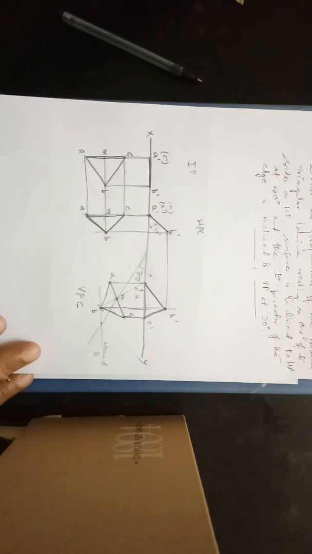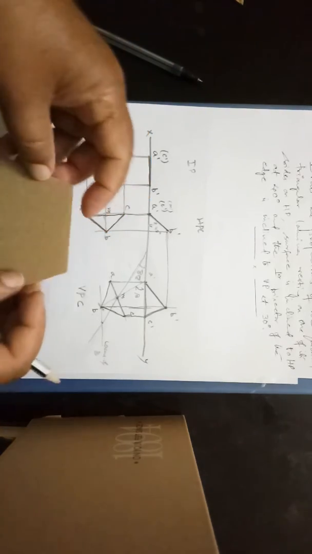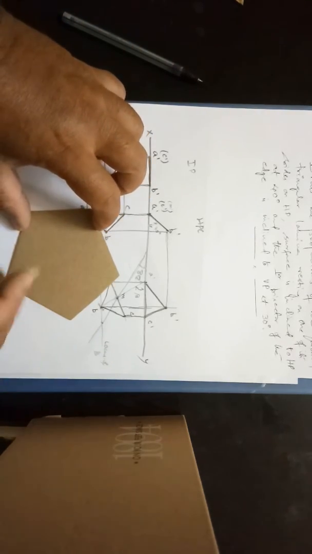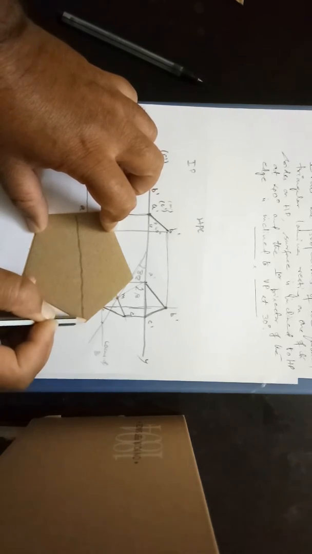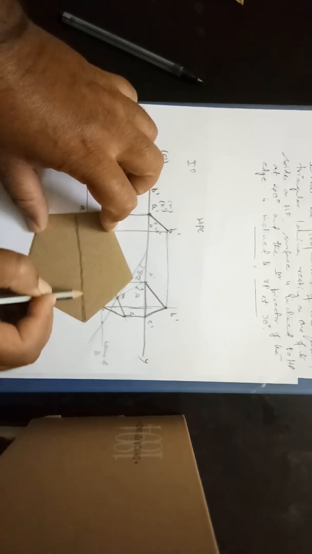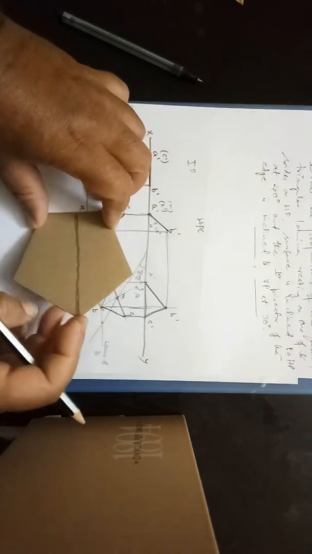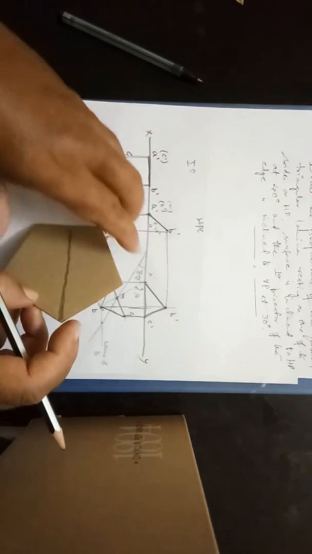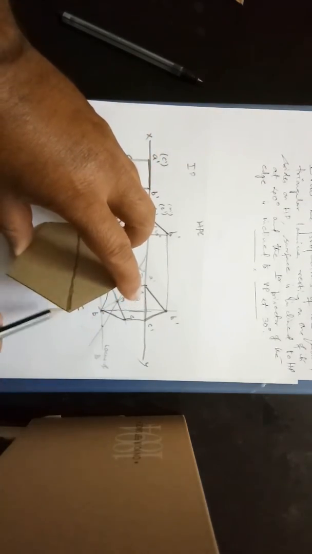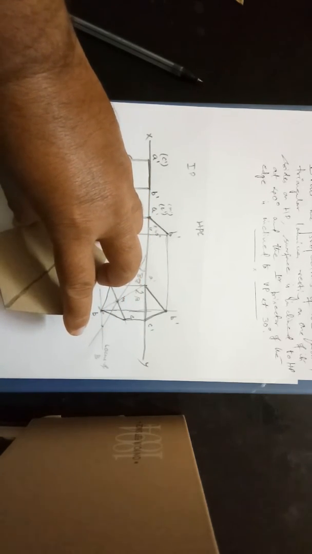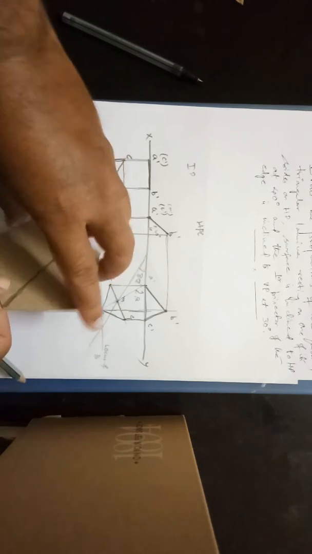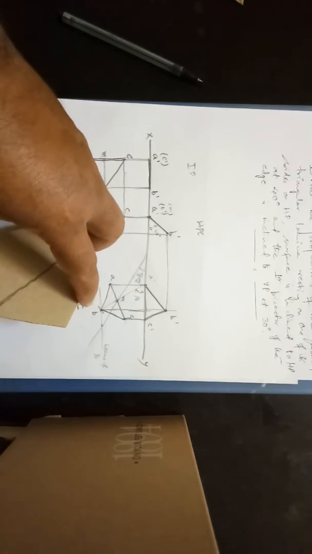Similarly, if you have a pentagonal lamina, you have to follow the same procedure for drawing the projections of the lamina, which is resting on HP on an edge. The surface is inclined to HP and the perpendicular bisector of the edge on which it is resting on HP is inclined to VP.